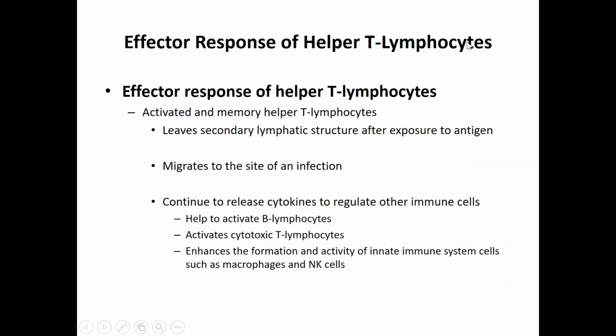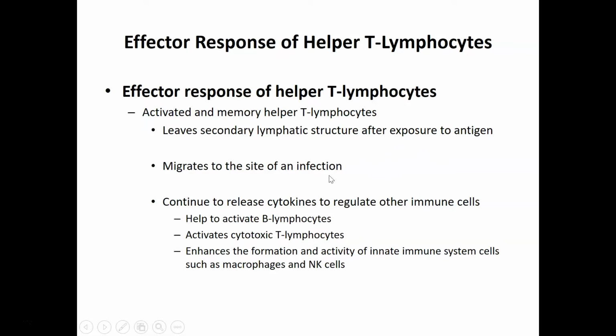Okay, a little bit more about the effector response of helper T cells. So when a helper T cell is activated, it's going to leave the lymphatic organ and migrate to the site of an infection.